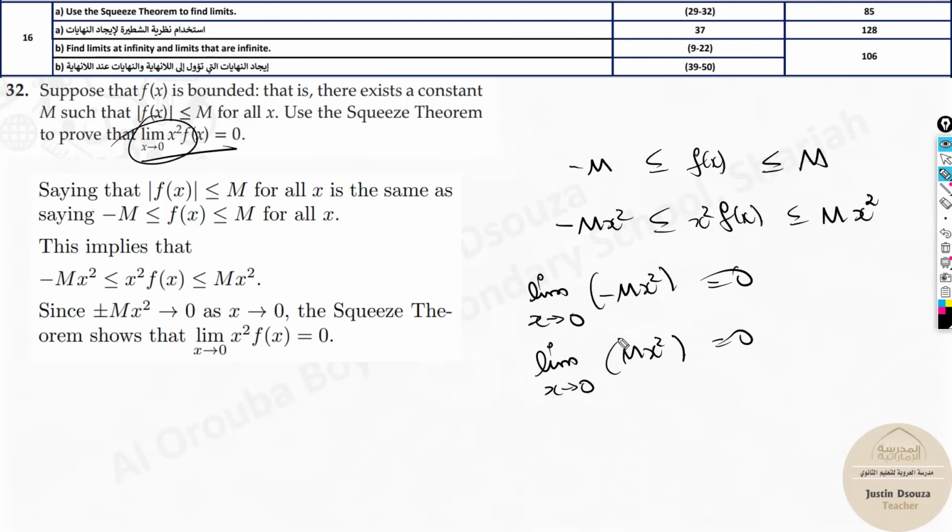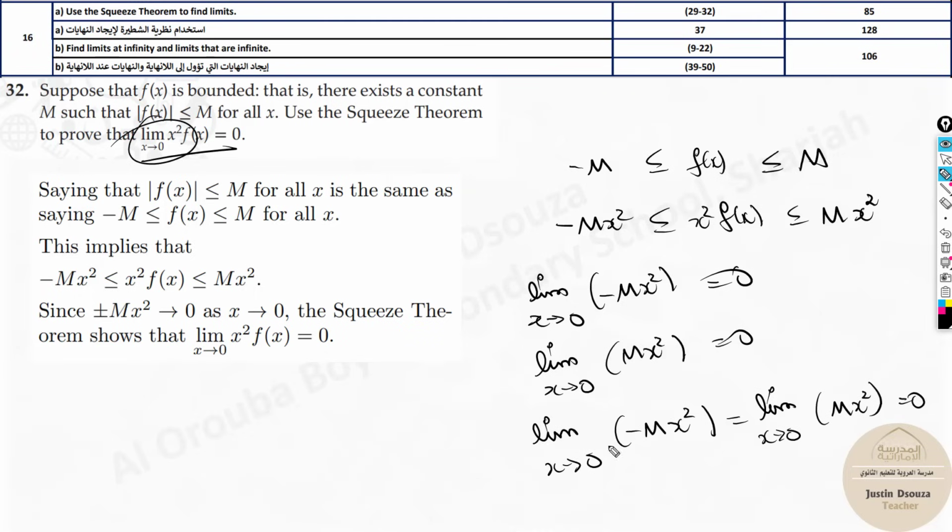Now are these two equal? Yes. So you just write limit as x tends to 0 of minus m x square is equal to the limit as x tends to 0 of positive m x square. Don't you think? They are equal. So now what do we write?